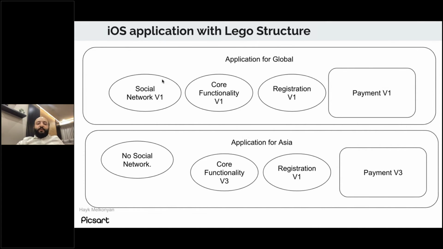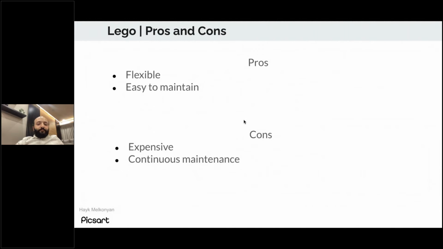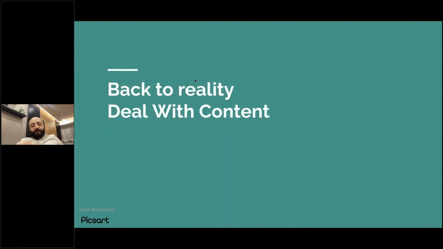You pick a social network from somewhere, you pick core functionality, registration, payment, and other parts, and create one iOS application. And somewhere you will not need to create a social network. You will create just these 3 parts and provide them to Asia.